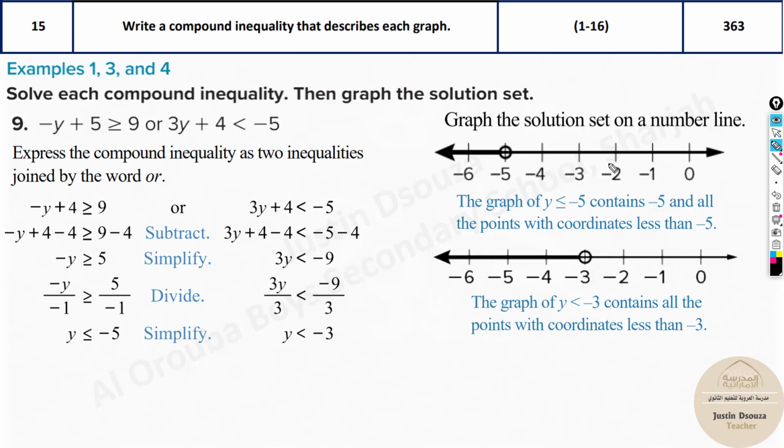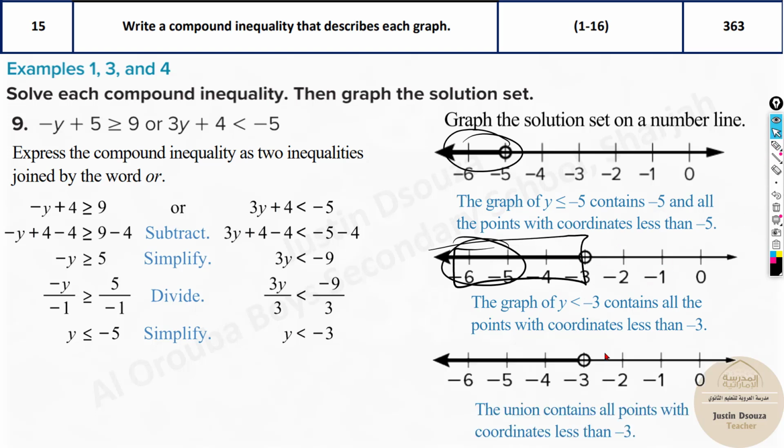So this solution is for all less than or equal to minus 5, but this is for all less than minus 3. Now, if you overlap, this part will come over here. But we already know from minus 3 there is solution, right? So this is the main solution. See, minus 3, this only is the main solution, because the first solution is a part of it. But this second solution includes this as well. So just write this as the solution.